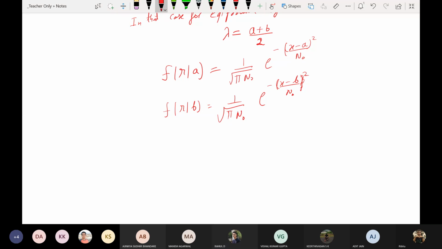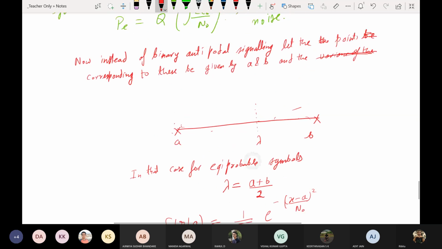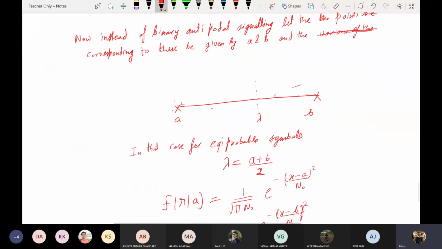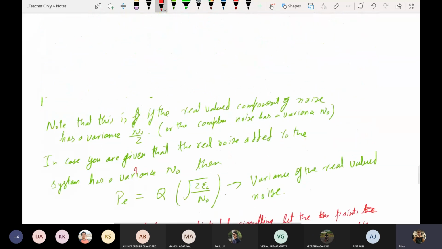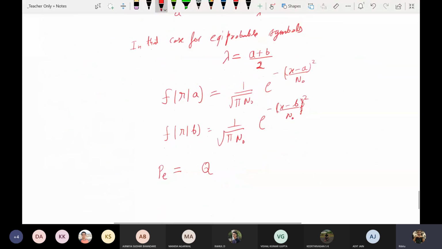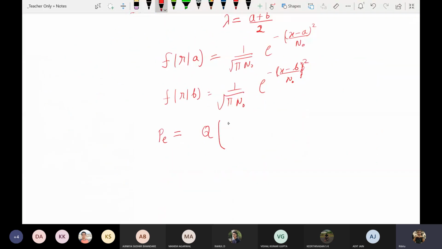Then you can show that, using the ideas above, I'm simply going to write the result. Actually, I'll do 2 steps.